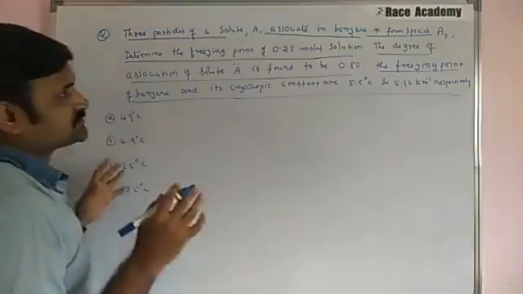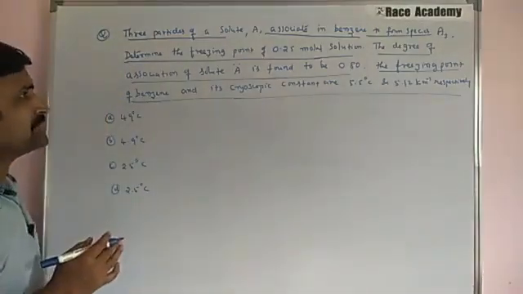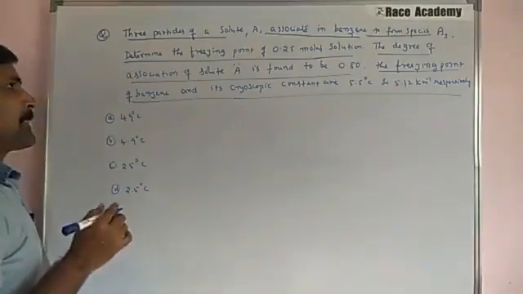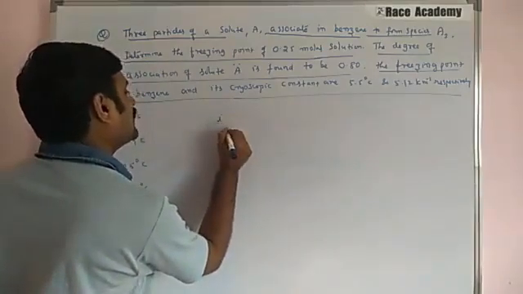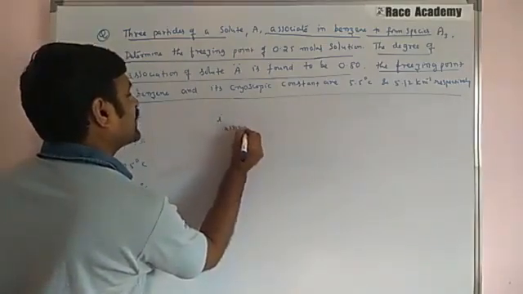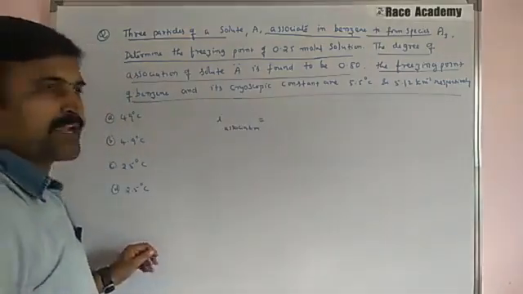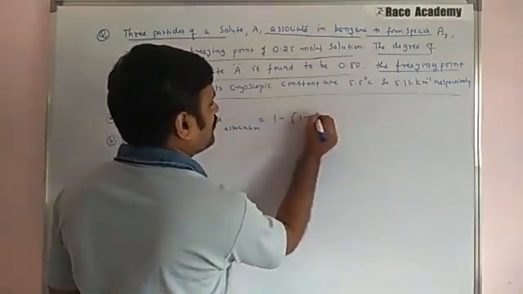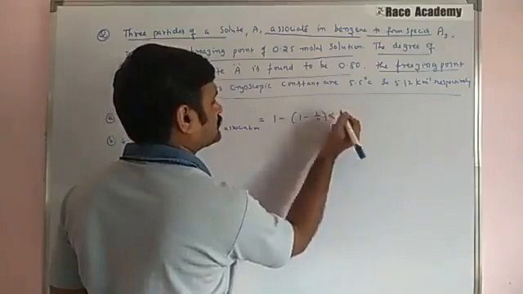In this, association is happening in the solute in benzene. In that case, for association, the Van 't Hoff factor formula is 1 minus (1 minus 1 by n) into alpha.